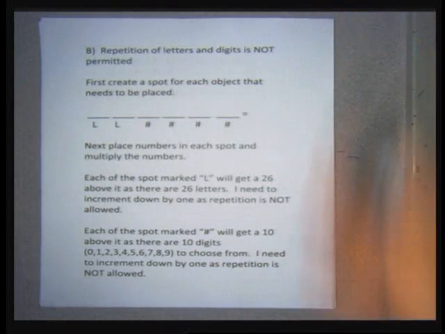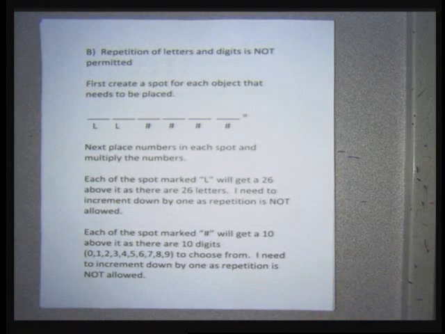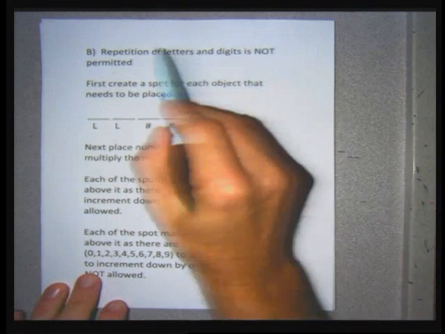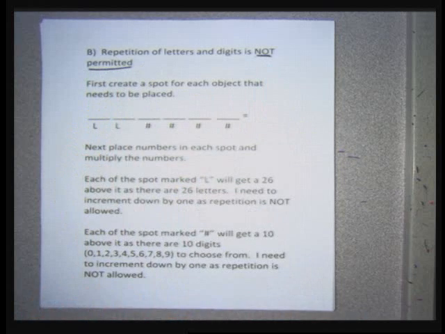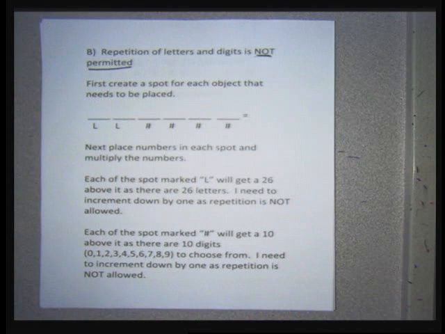If I take the same criteria, I'm trying to find out how many passwords are possible that have 2 letters followed by 4 numbers, but I change the qualification and say that I can't repeat a number and I can't repeat a letter, then there's going to be fewer passwords possible because you can't have like a 4431 as a set of numbers or a ZZ for the letters.